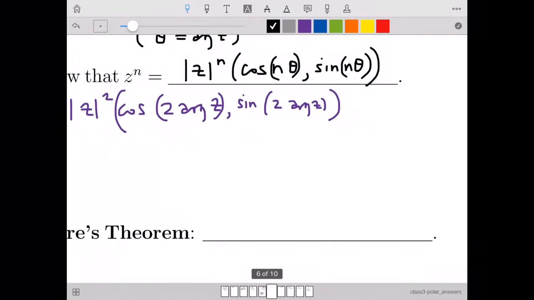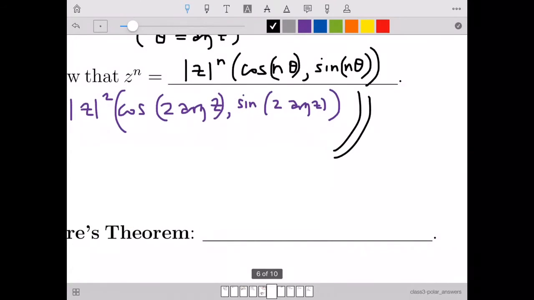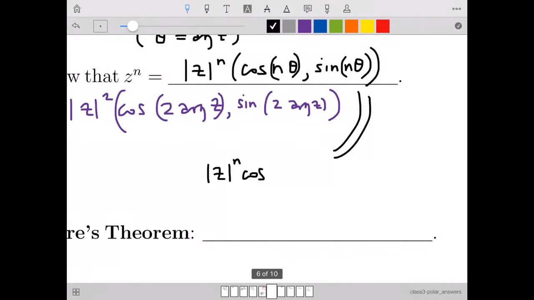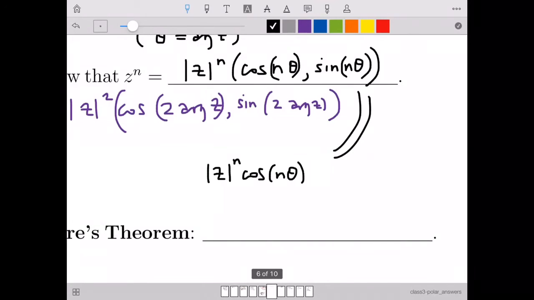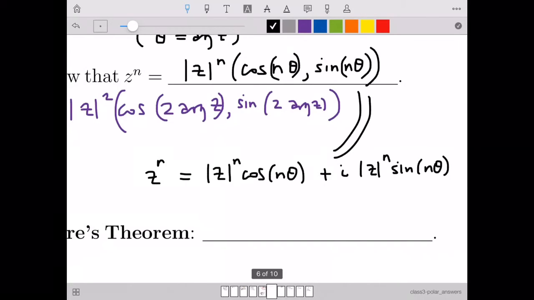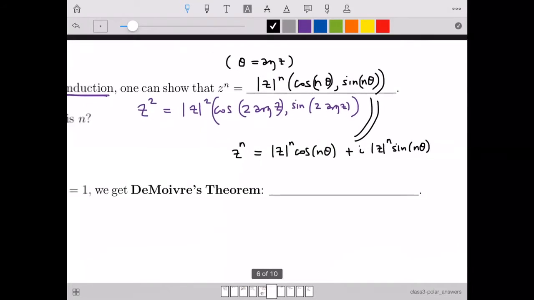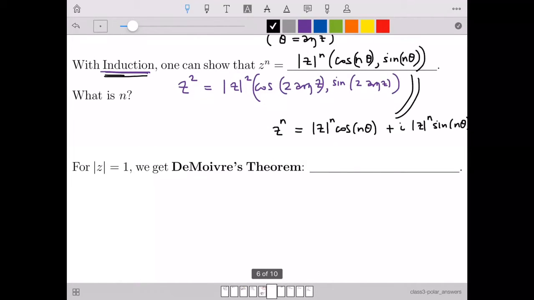In other words, this is equal to absolute z to the n cosine n theta, which is the real part, plus i absolute z to the n sine n theta, and that is z to the n. What is n? We are showing this by induction, so n is natural numbers: 1, 2, 3, etc.